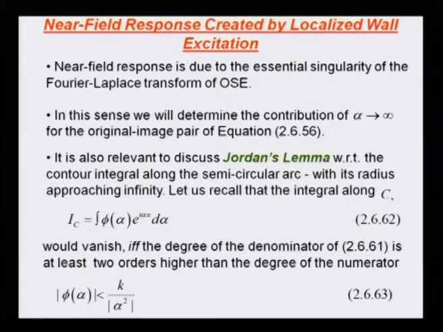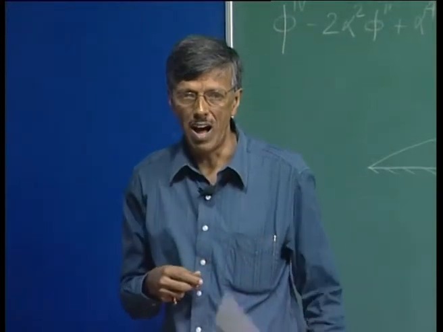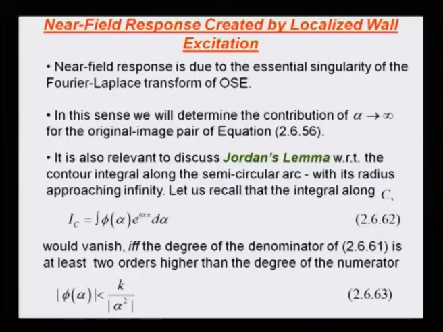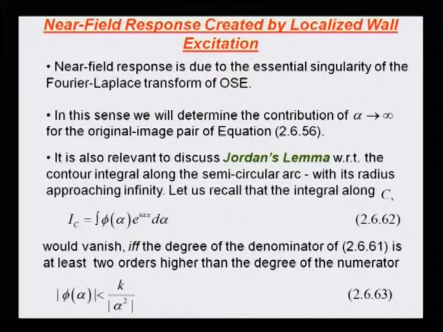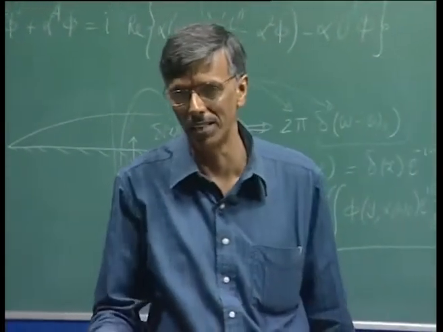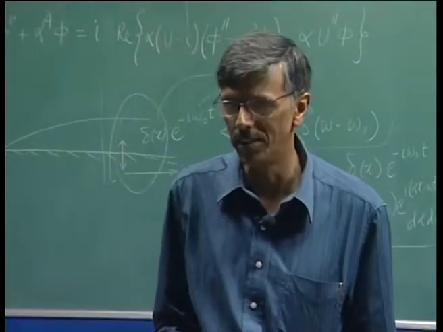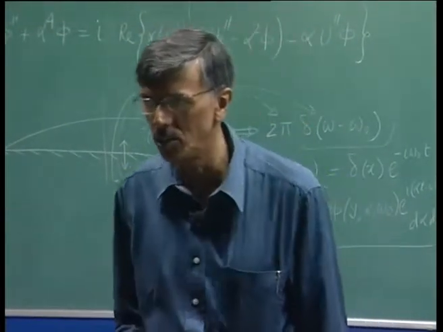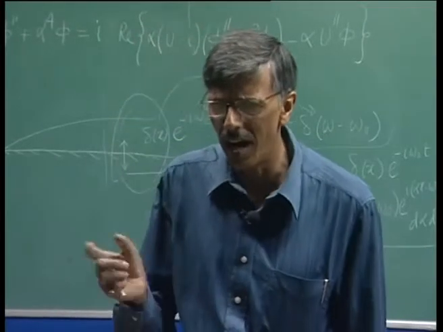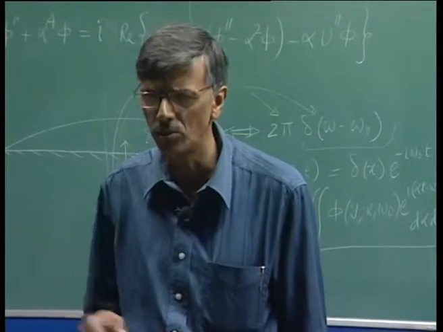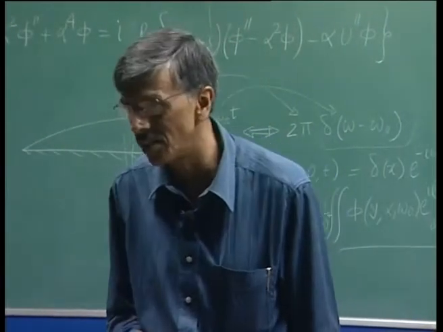Okay. Now, I already said that the near field response that we see is due to the alpha going to infinity point, and what is that called? That is called the essential singularity, that you have done in your complex analysis course, right? Like if I talk about e to the power z or sin z or cos z, they are not defined when z goes to infinity. Those points are called the essential singularity.